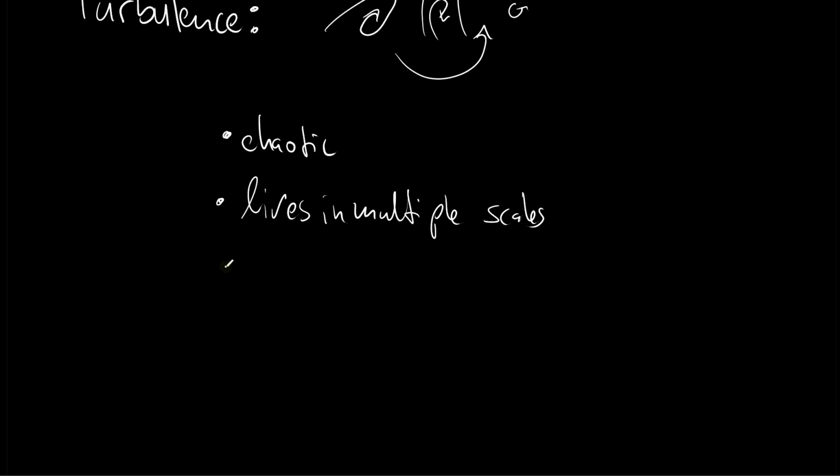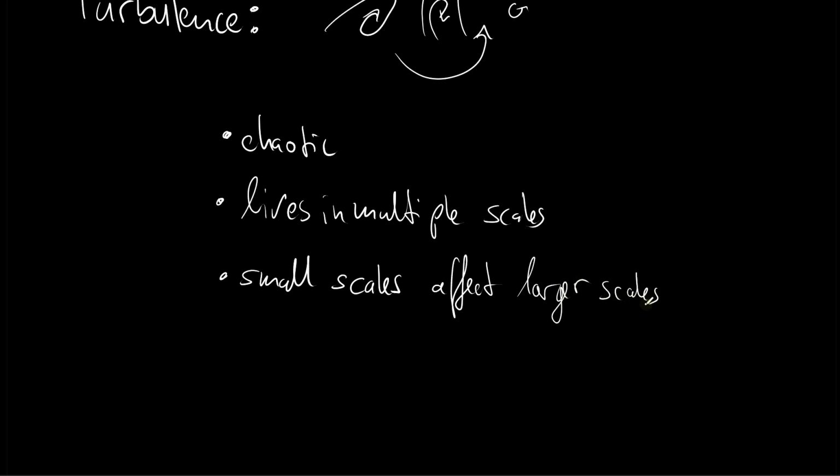And the problem here is that the small scales, in other words the small eddies which persist over smaller timescales, affect the larger scales. If you want to compute your fluid flow, which is turbulent, and you don't resolve the smallest scales, you might end up with an incorrect solution.